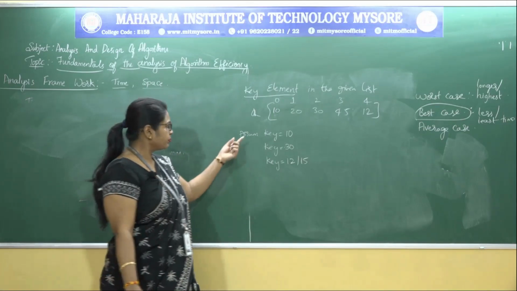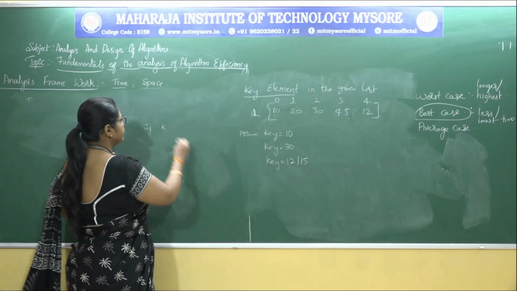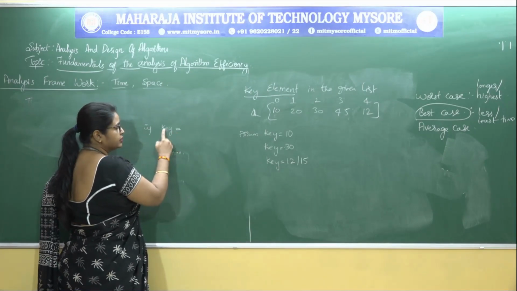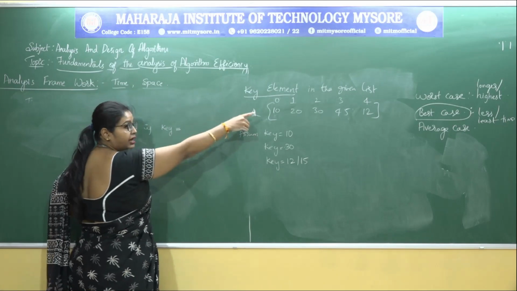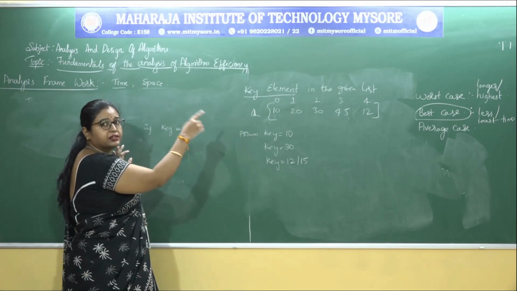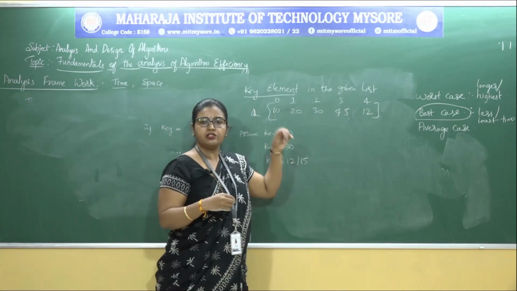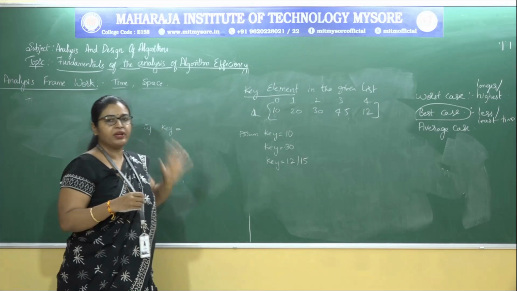Now, how to write the algorithm? We need to check whether the key element is present in the array or not. Since we need to keep checking all the elements, we need a looping statement.